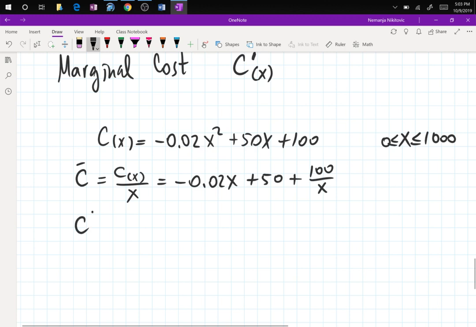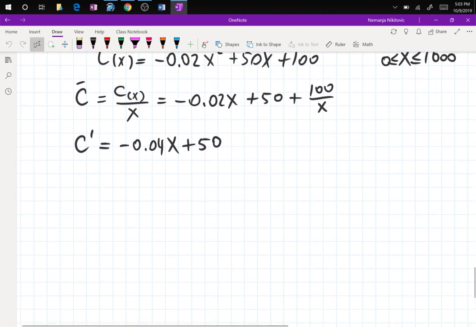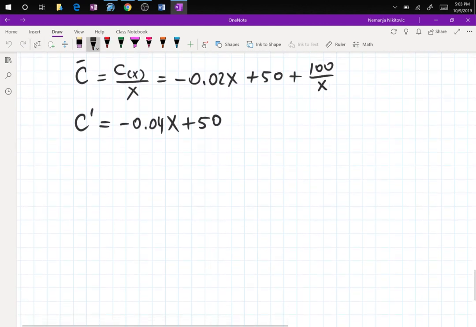And we are also going to find the derivative of the cost function, and that one is going to be negative 0.04x plus 50. So these are our two functions, and now we are going to analyze the cost for the first 100 units in the production.